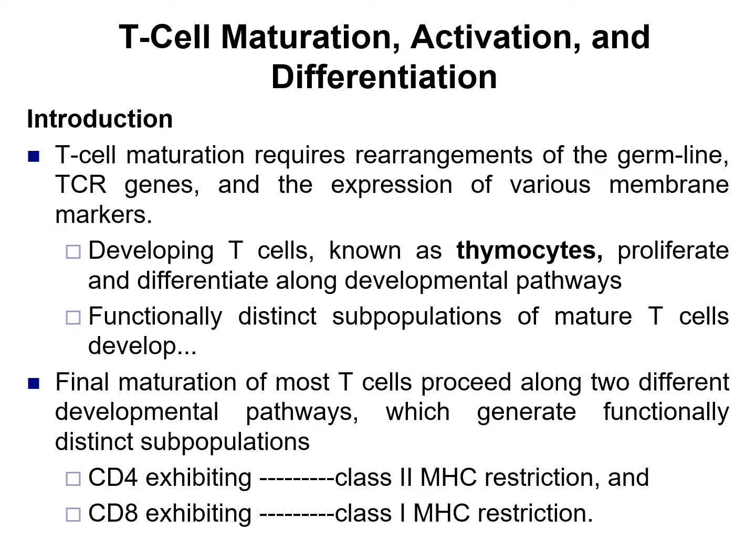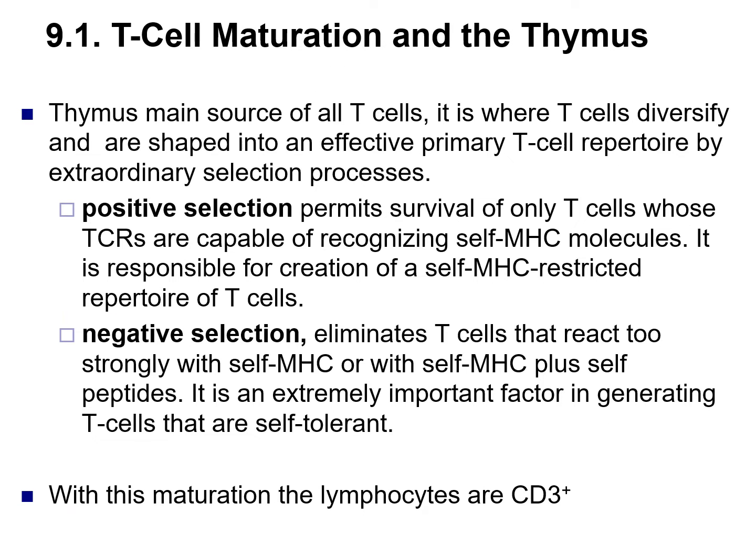CD8 cells, on the other hand, would interact with class 1 MHC molecules. The thymus is the source of most of the T cells, and it is where they become different types of T cells.